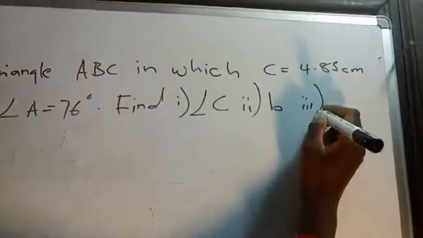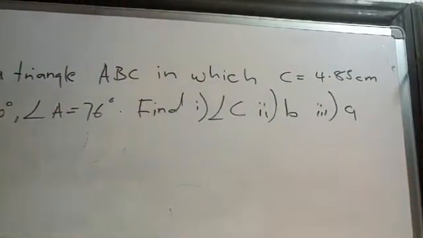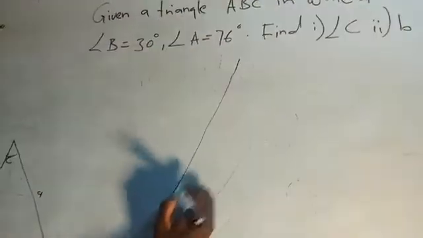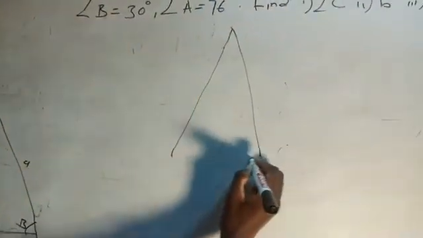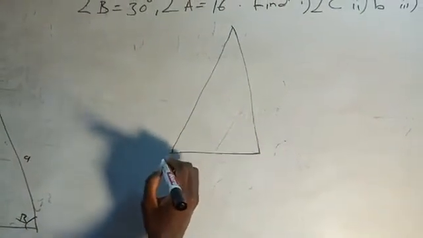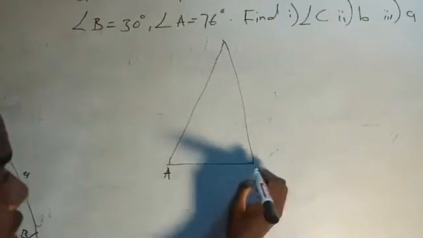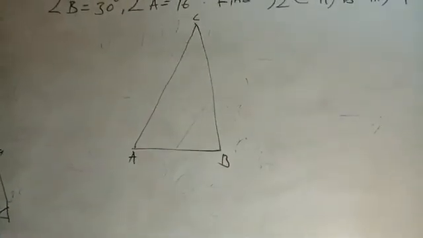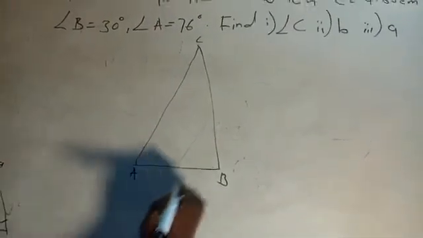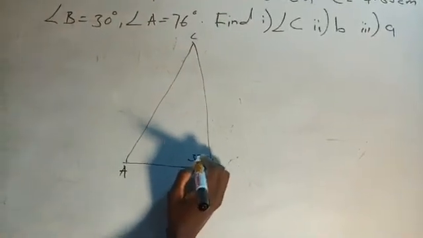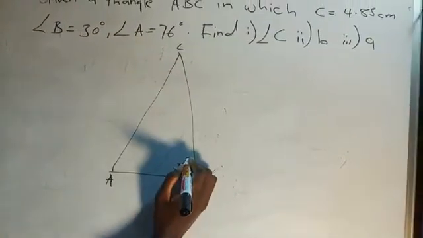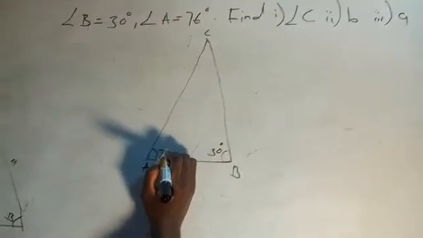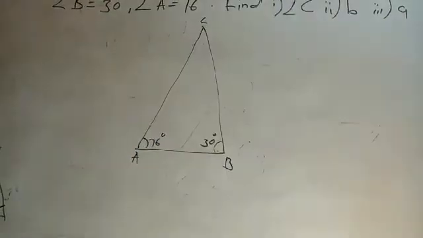If we draw our triangle like this, then this one has A, B, C. They have told us that angle B is 30 degrees and angle A is 76 degrees.